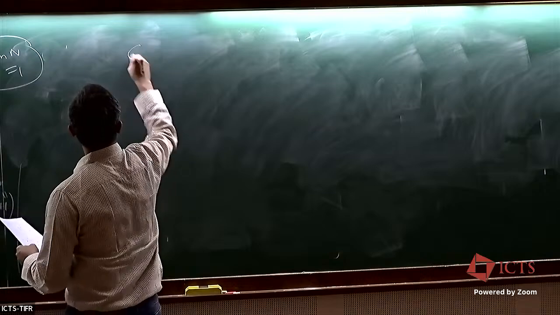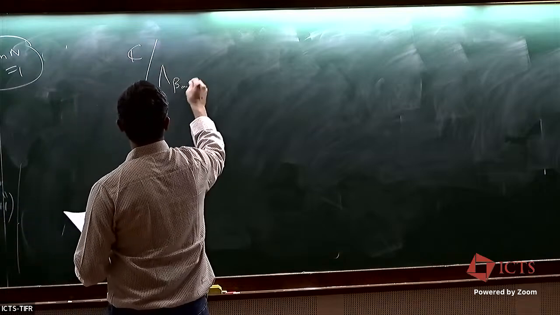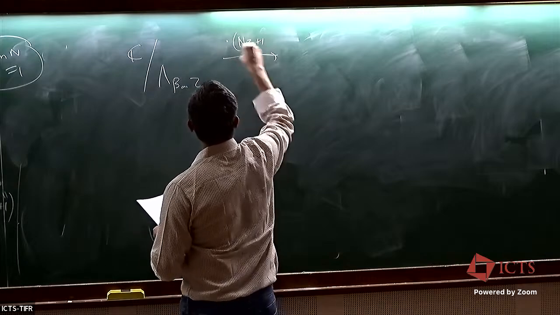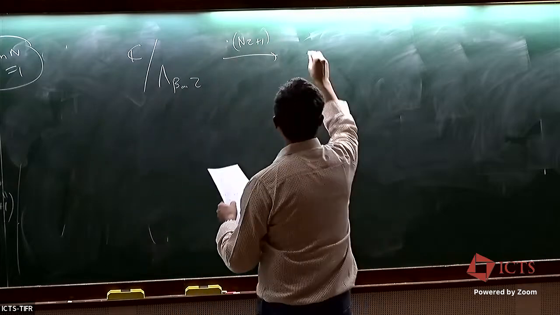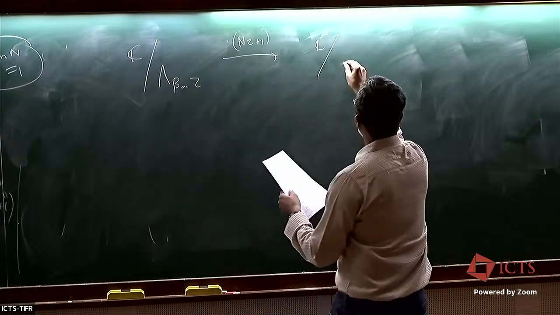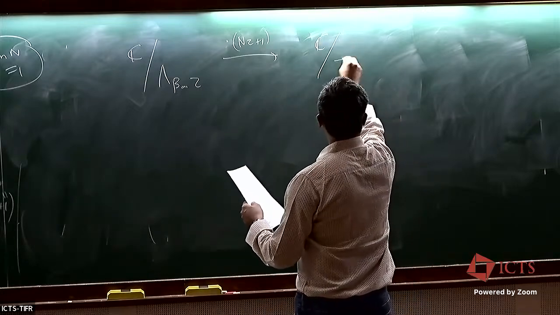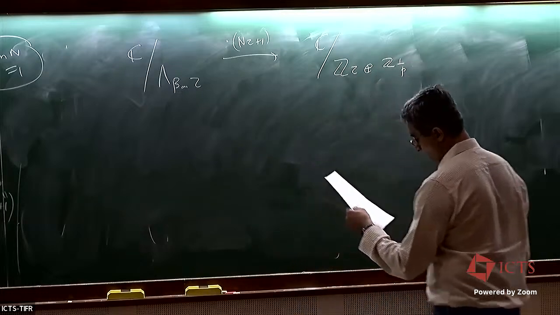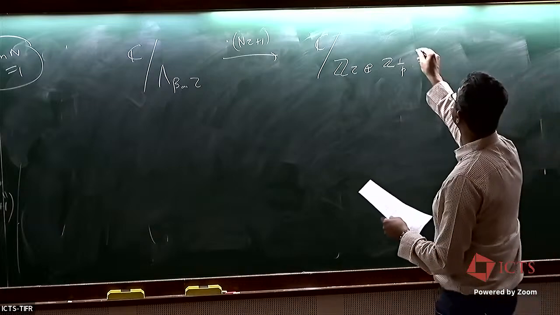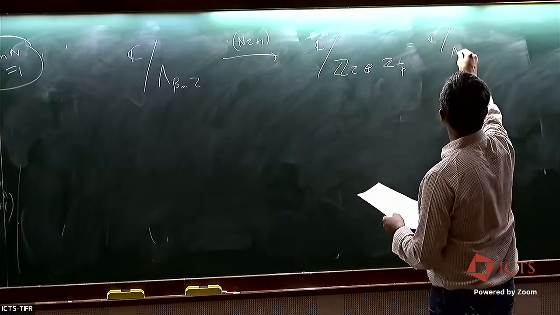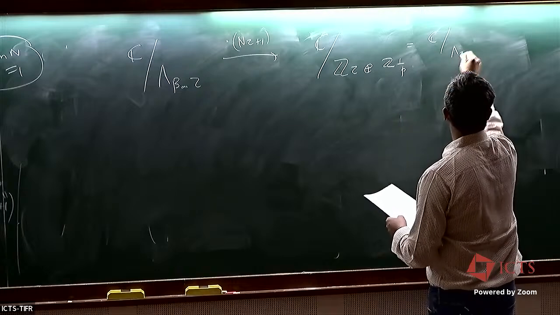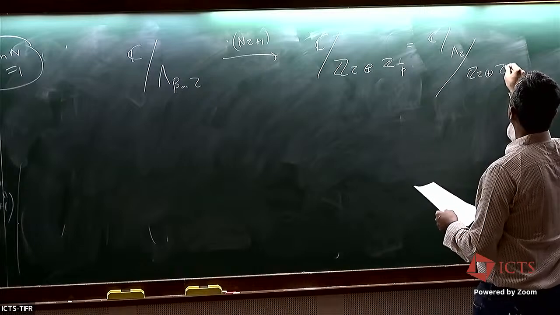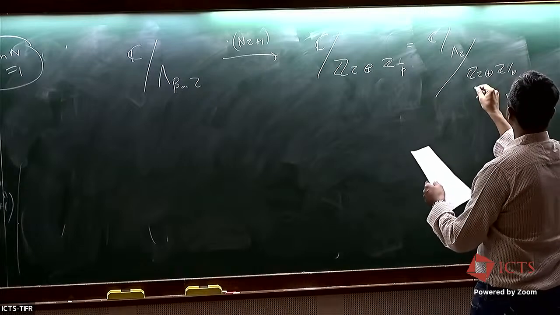Okay, so let's look at C mod lambda beta infinity tau. So we're multiplying by n tau plus 1. And we just said that the numerator, of course, goes to the numerator, but the denominator we just computed went to some lattice of this form, Z tau plus Z 1 over P. Which now by the third isomorphism theorem, let's write as C mod lambda tau modulo this group, Z tau plus Z 1 over P modulo lambda tau.